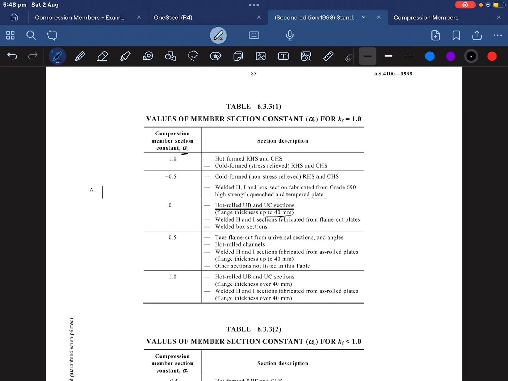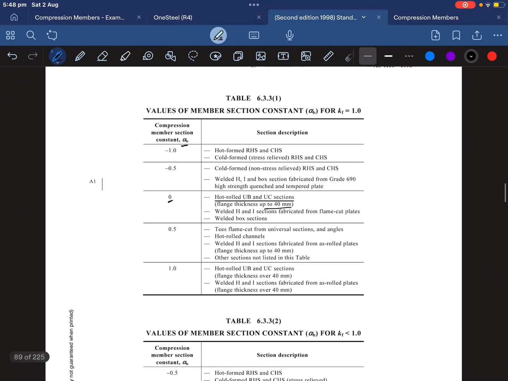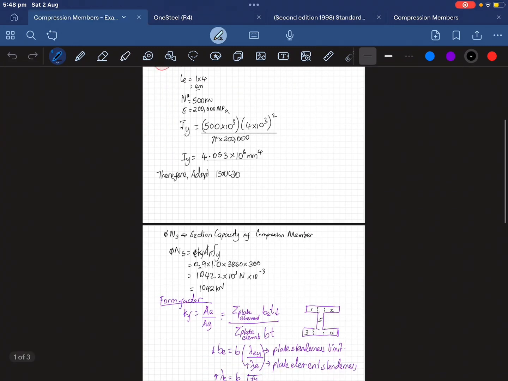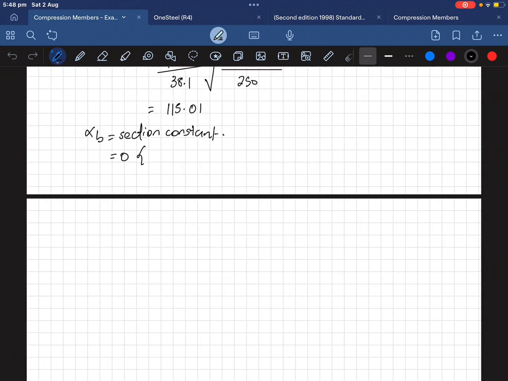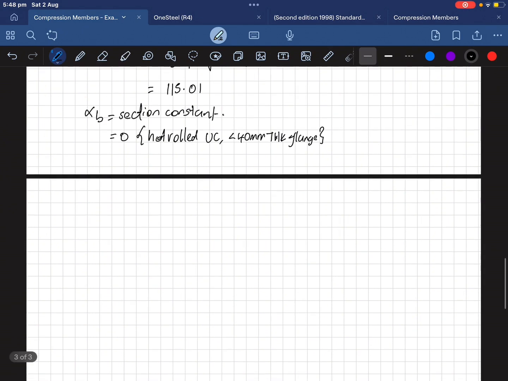So alpha B for us is going to be 0. So alpha B equals 0, and that one is a hot rolled UC less than 40 millimeter thick flange.